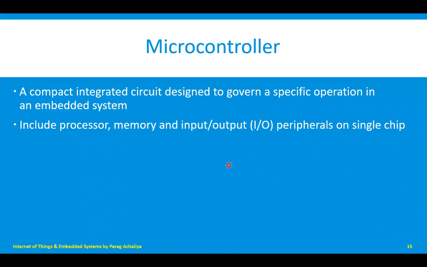If you need to connect some external device like a printer or scanner with your microcontroller, you will require input and output peripherals, IO devices, for connectivity purposes. So every microcontroller will have these three things: processor, memory, and IO peripherals.